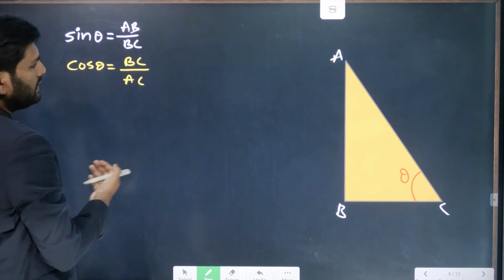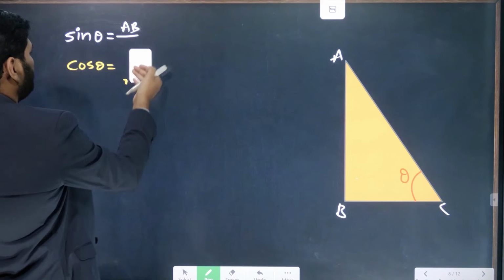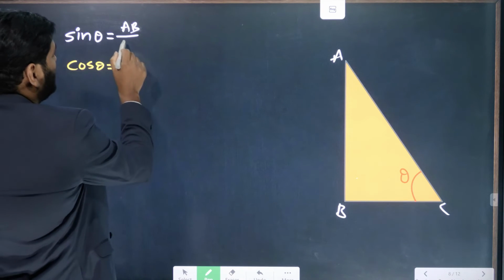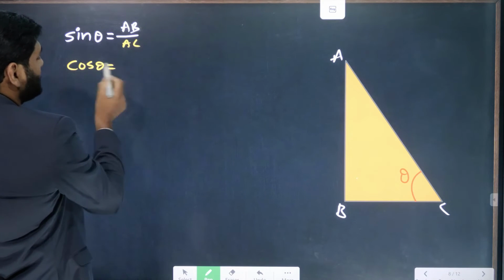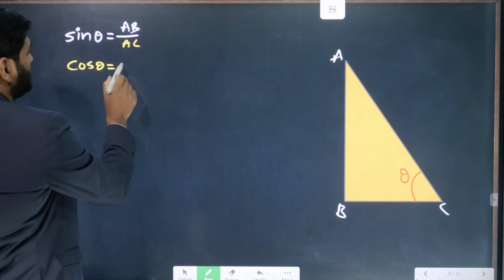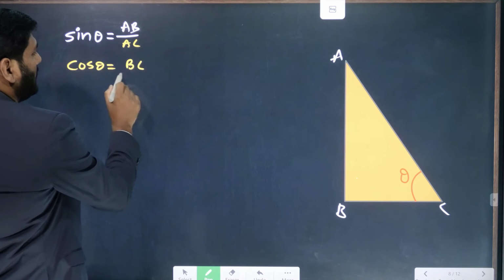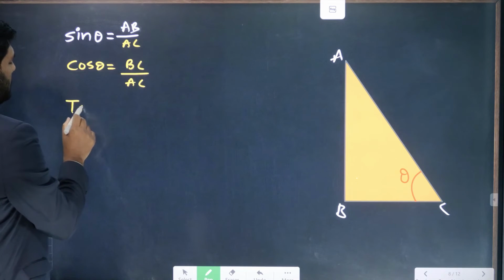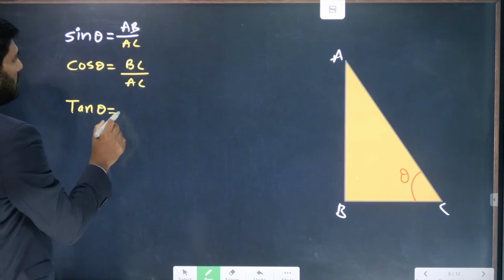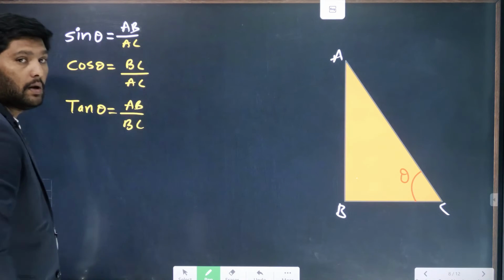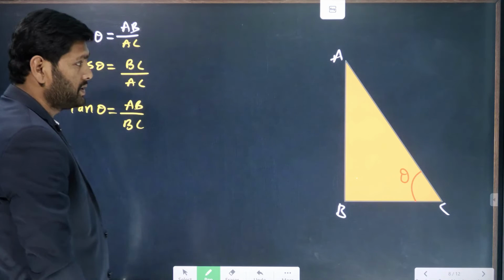I think I have written this wrong. Sine theta means AB by AC, right? Next, cos theta means adjacent side by hypotenuse. Adjacent side is BC, hypotenuse is AC. Similarly, tan theta is equal to AB by BC. These are your trigonometric functions.